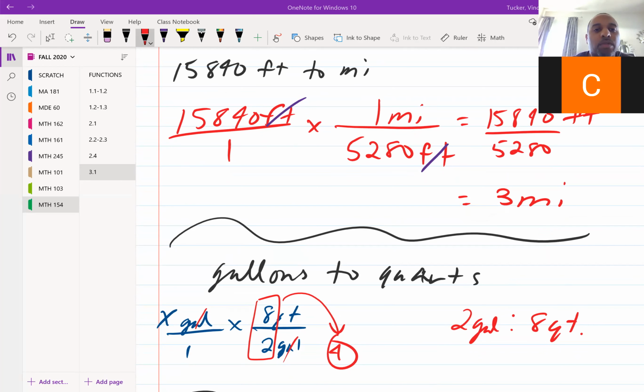All right. The next one says use the given ratios to find the conversion factor. Convert gallons to quarts. What would you multiply by? So we have 4 gallons to 16 quarts. Let me share this back.